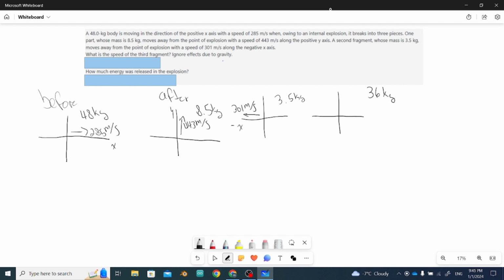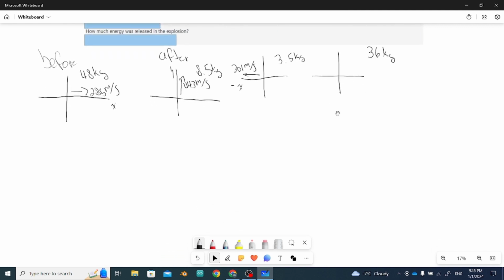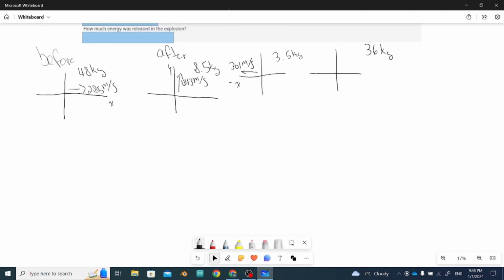So let's start. Initial momentum is going to be equal to final momentum. Initial momentum, so mass times initial velocity, is going to be equal to, and then we can add those up. I'm going to use unit vectors in this one to make it easier for us.